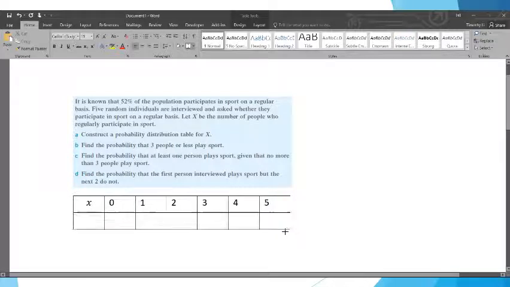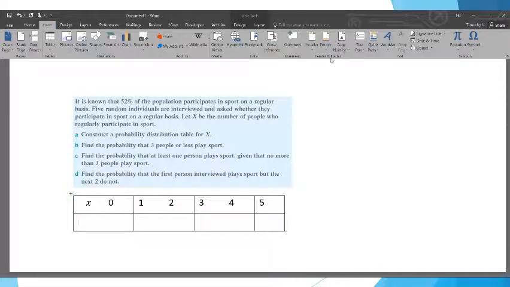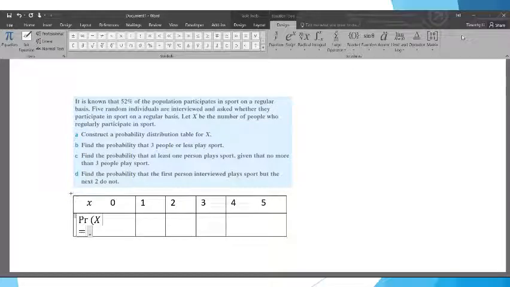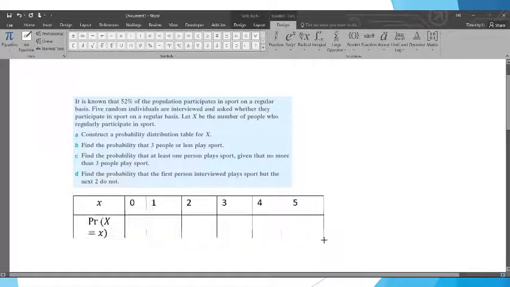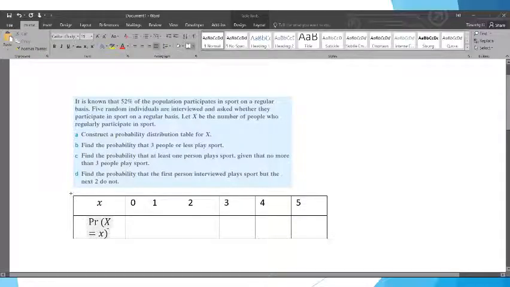And then we want the probability of X equals x. Looks good enough.